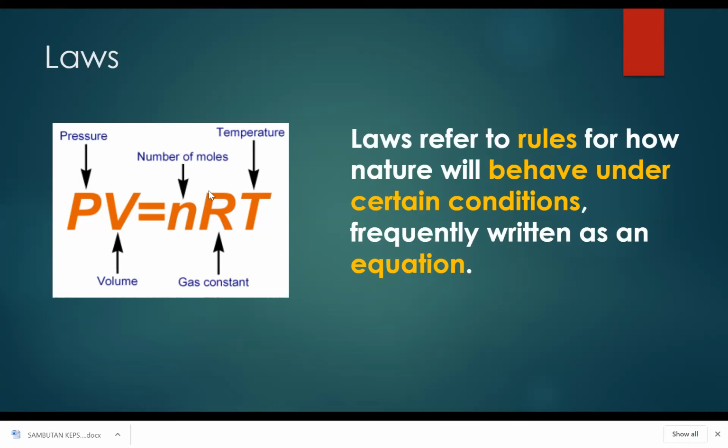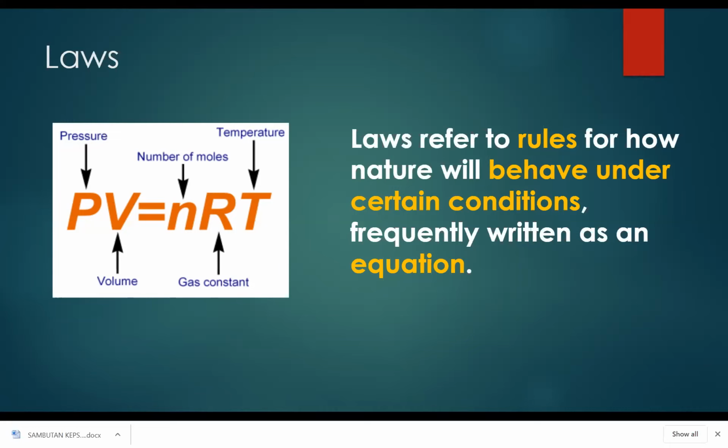So according to this equation, pressure is directly proportional to the temperature. When the pressure increases, the temperature will also increase. So it is fixed. It is a rule. According to the ideal gas law, when the pressure is increased, then the temperature will increase.